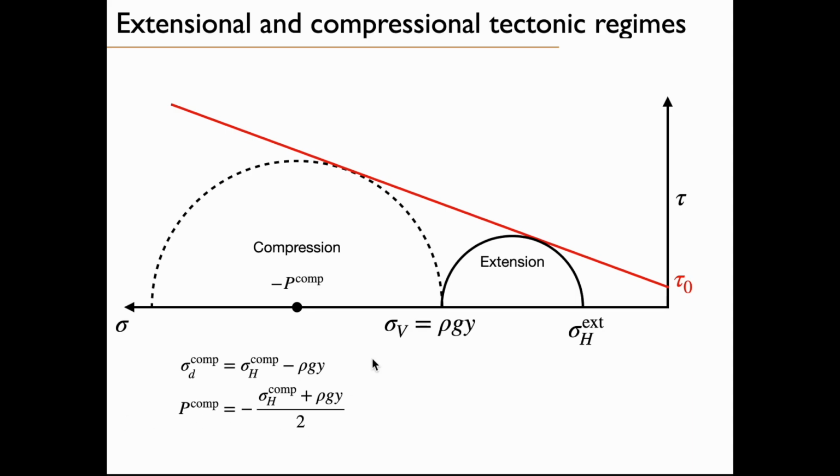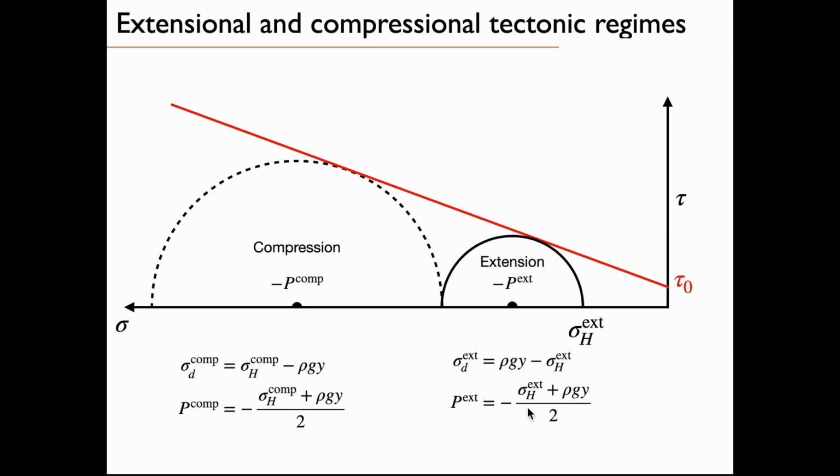Under extension, we have the same vertical stress, it's rho gy, but in that case, this is sigma 1, and sigma 2, the minimum stress, is the horizontal one. So that changes things quite a bit, because if you compute the differential stress, it will be the difference between rho gy and sigma h x.